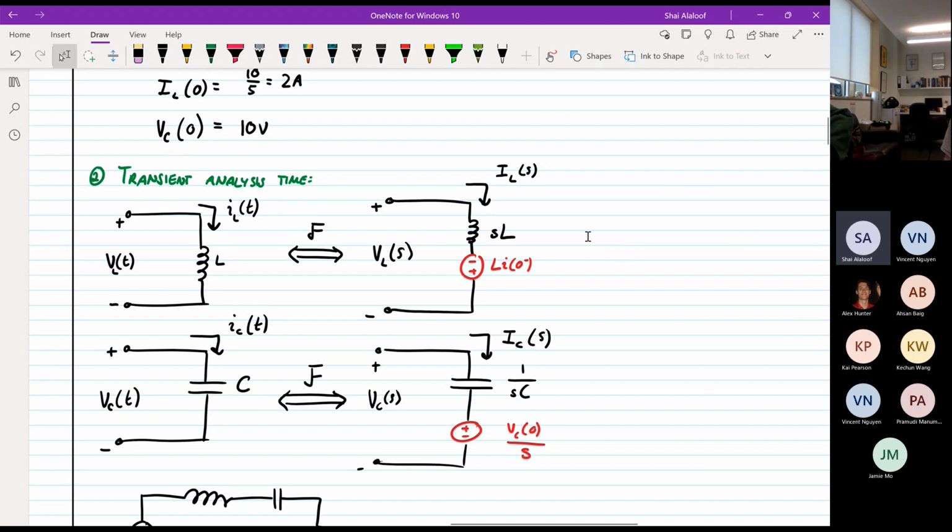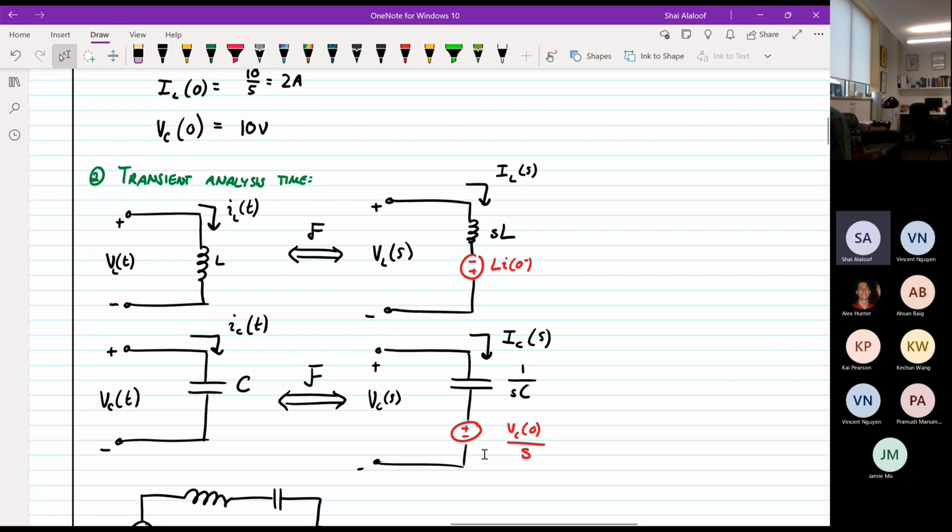That's all. And similarly with a capacitor, if this is the voltage across the capacitor and this is the current through it, there's an F there, but it really should be an L. So when you Laplace transform, you end up with 1 on sC, just like you've got 1 on j omega C, and you end up with yet another voltage source. Pay attention to the polarity of it, because it is flipped, and I know that's a bit confusing.